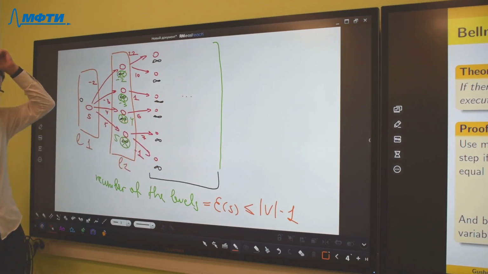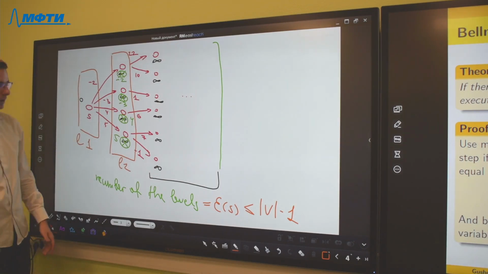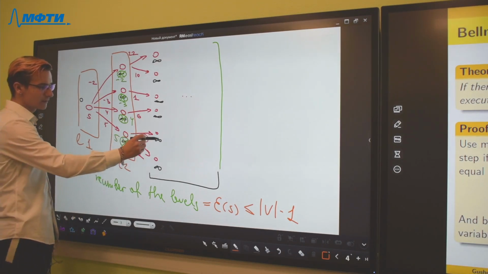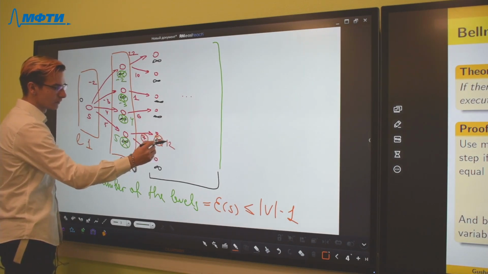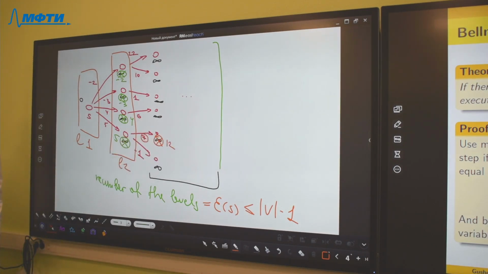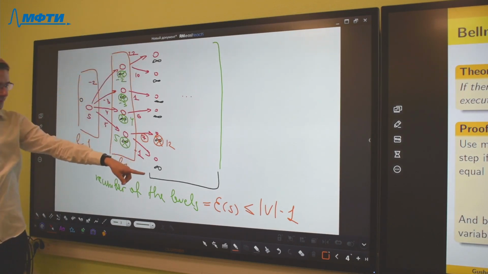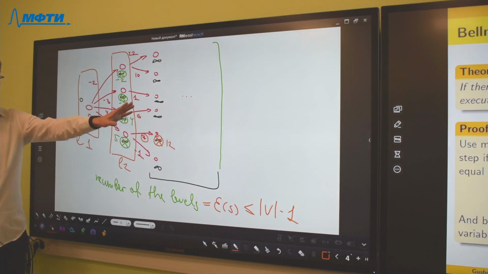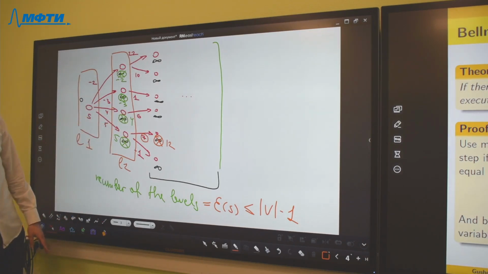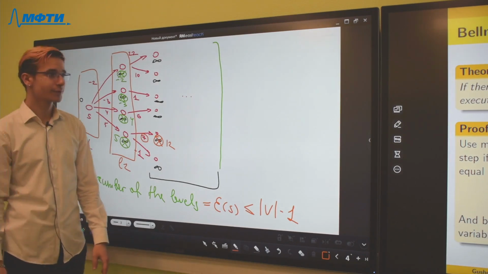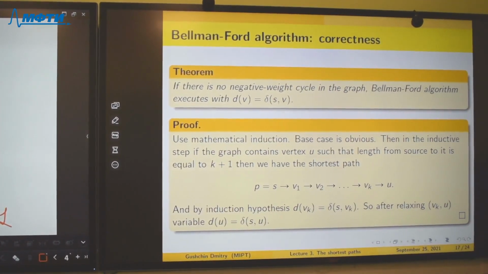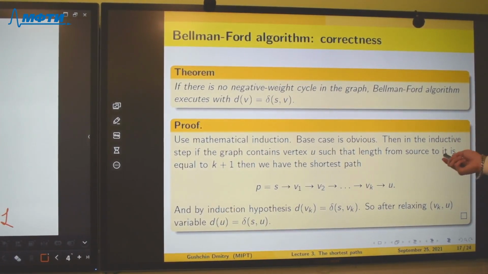Then, if we relax this edge, we find the real distance to this vertex, and for all these vertices the real distance to the source. And then by induction we can prove that the Bellman-Ford algorithm solves our problem correctly.